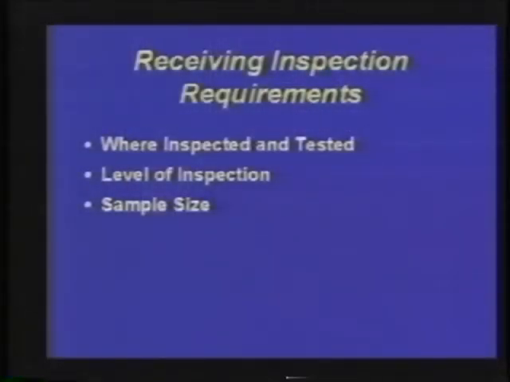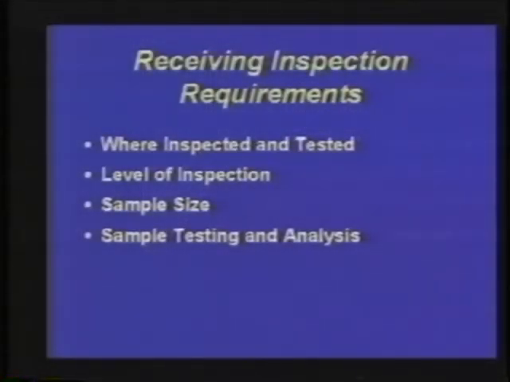Sample size: you may have, as an example, a pre-production purchase order for an item. It could be brand new, it could be a new supplier. You're just trying out how many items you need from that supplier, so you can go through a receiving validation of that item from a quality assurance or quality control standpoint. Sample testing and analysis is similar to the first item, but that means it's going to be done internally.